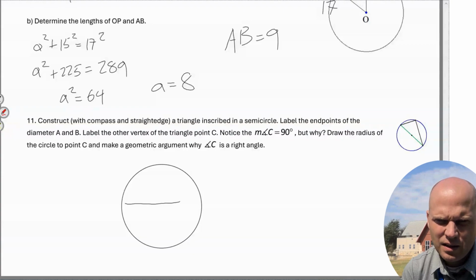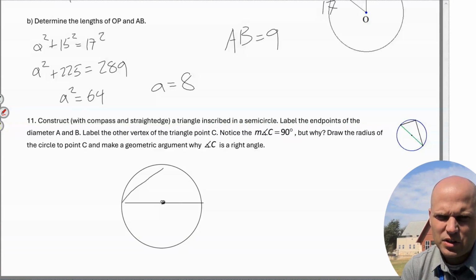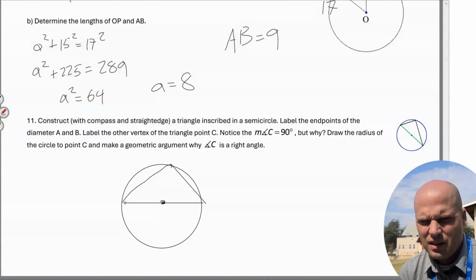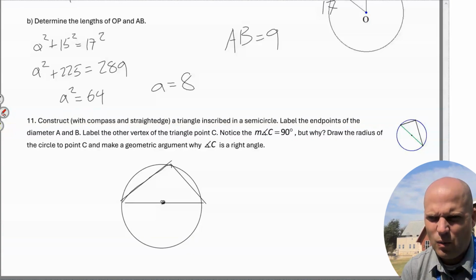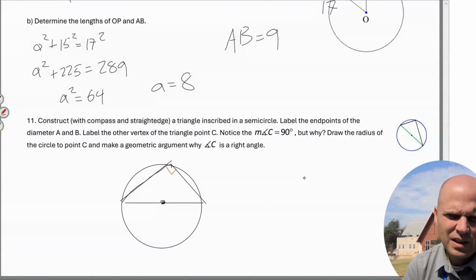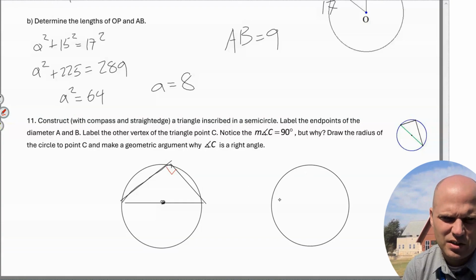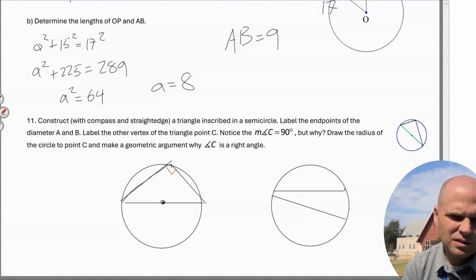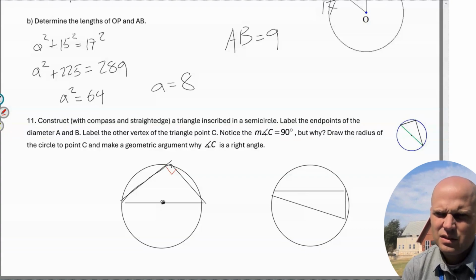Why? When we draw a diameter and then we just connect things like this, why does this have to create a 90-degree angle? This is not really having to do with tangents. This is just more interesting, see how interested you are.